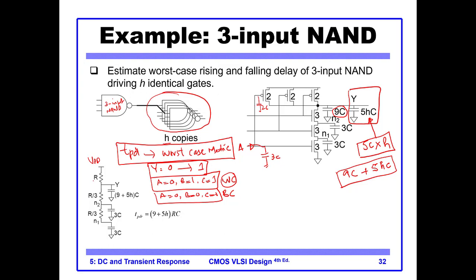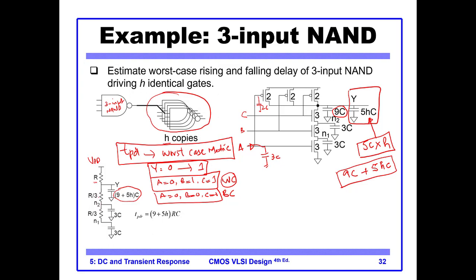When one of the PMOS is on, we have a resistance R that appears here, and that goes to the output Y, and then to the total capacitance 9 plus 5H C. Because A is 0, the lower NMOS is off, and the B and C NMOS are on.